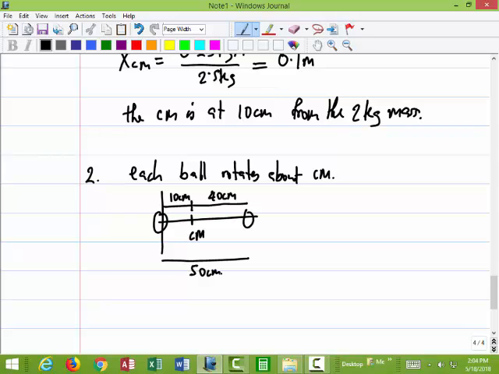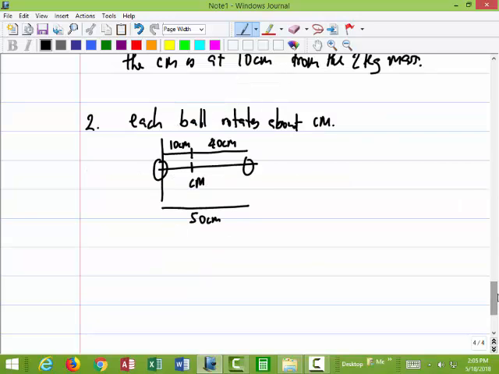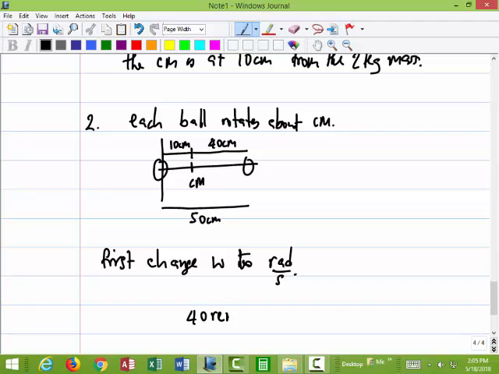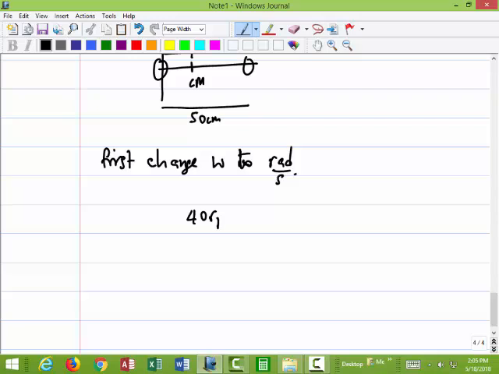So we can find the angular velocity. Let's first change the angular velocity to radians per second. We have 40 revolutions per minute, so 40 RPMs is equal to 40 revs per minute. We can convert that to radians per second.